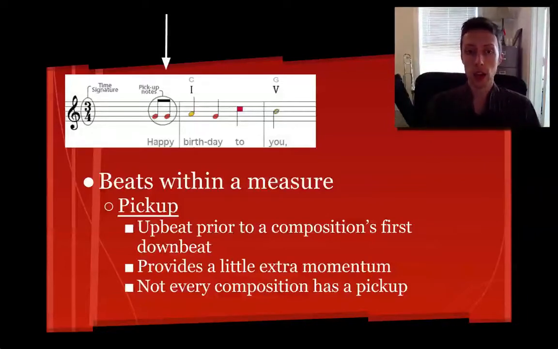Happy birthday to you. So "happy" isn't a downbeat. We're waiting for it. Happy birthday. When you say "birth" in happy birthday, that's the downbeat. The upbeat is "happy." So that upbeat in this case would be called a pickup.